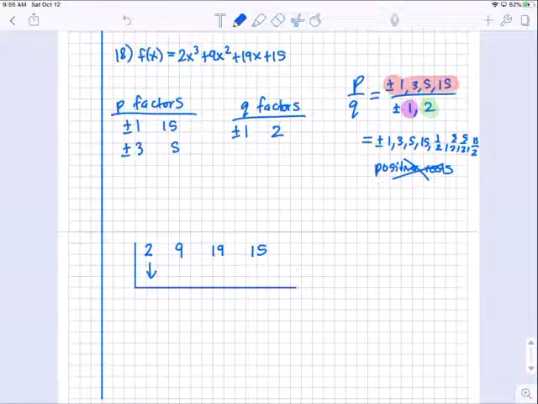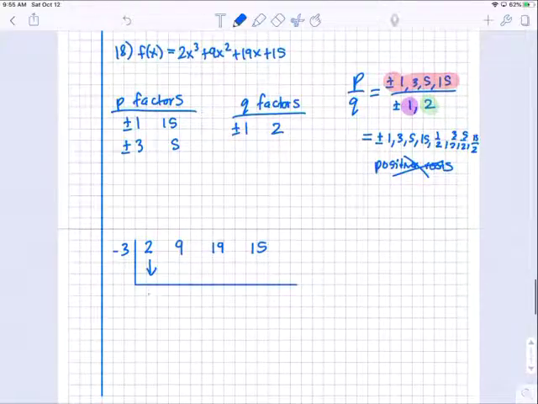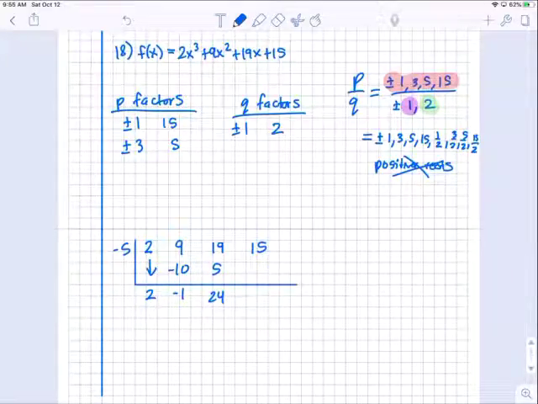Can't do -1, so now let's do -3. 2, -3 times 2 is -6, 3, -9, 10. No, that one's not going to work either. -5: 2, -10, -1, that's +5, 24. Not going to work either.